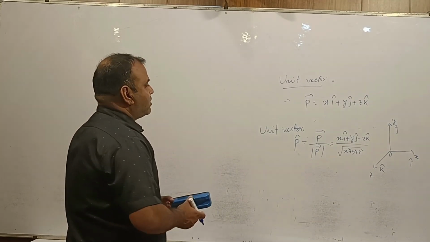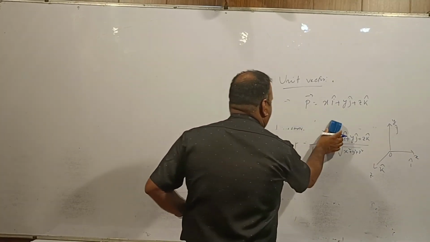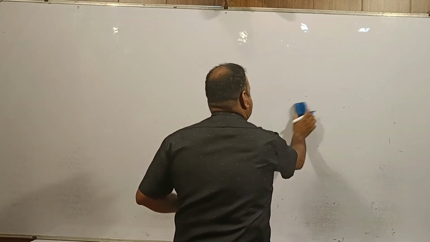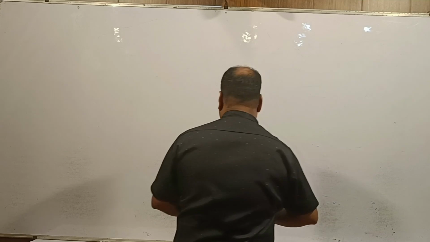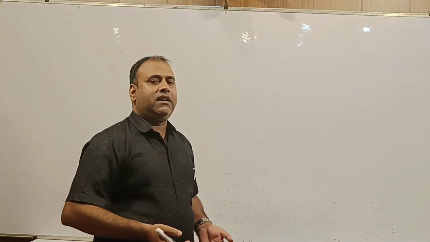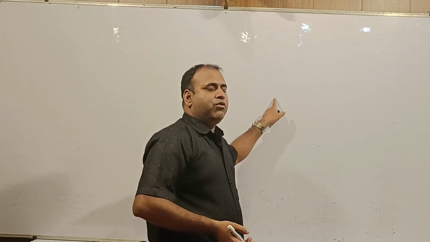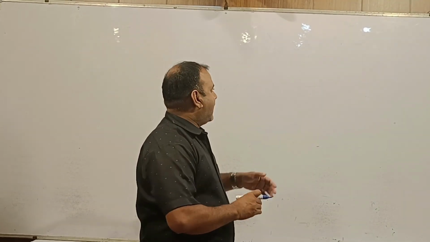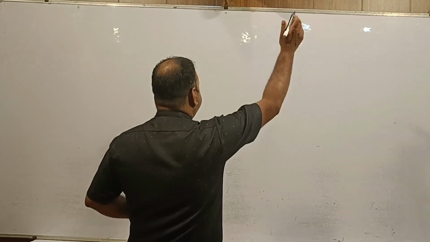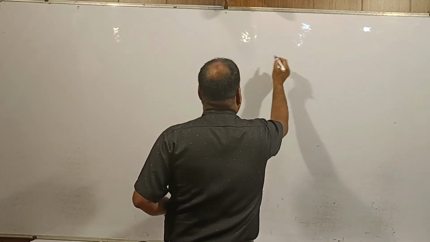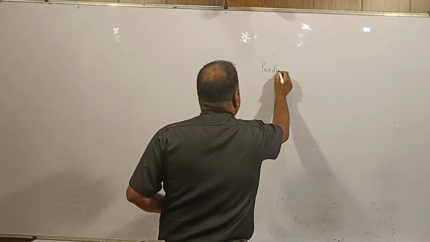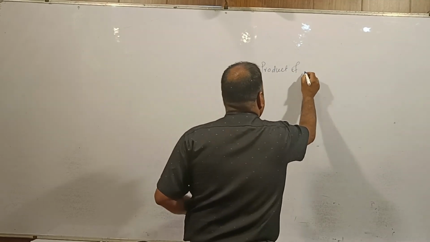Okay, now see the basic important part of this topic. That means you have got vector addition, subtraction, unit vector, and now I am going to discuss vectors in terms of product. What are the types of product? Multiplication of vectors, that means product of vectors.